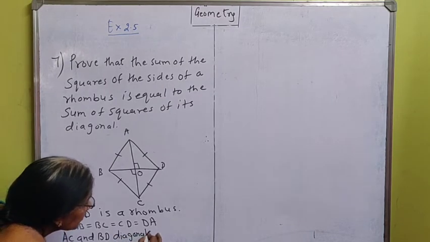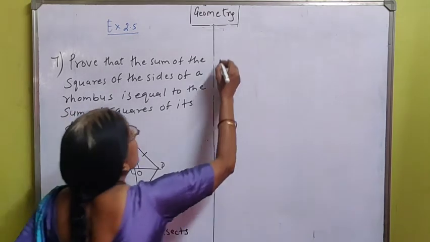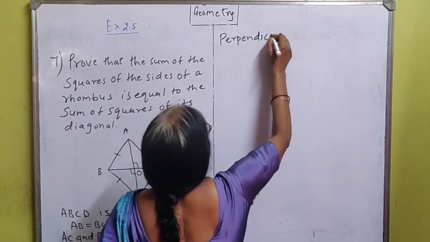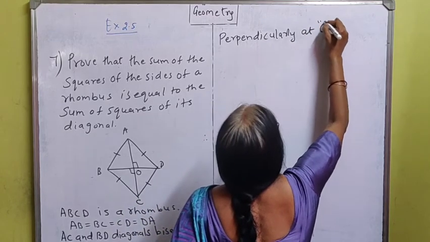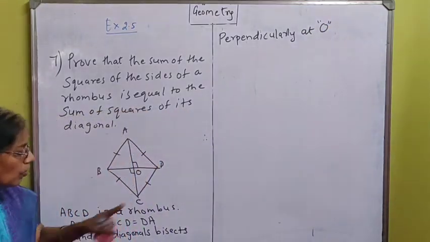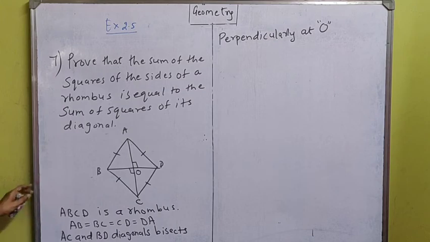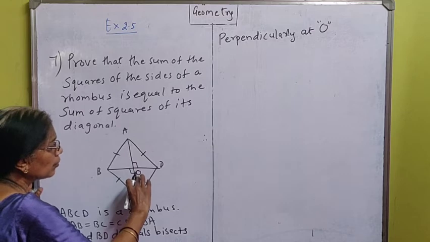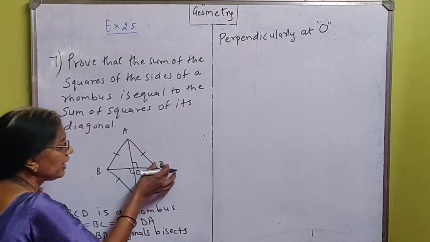Diagonals bisect perpendicularly at O. Very important. So at O, these two diagonals bisect perpendicularly. So if they bisect perpendicularly, means what? BO will be equal to OD, AO will be equal to OC. Means I can write down BO is equal to OD is equal to half of BD.